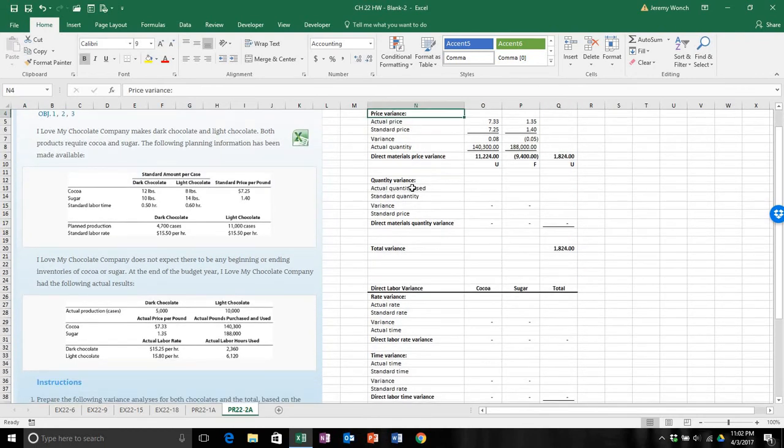And so for our quantity variance portion, we want to plug in the actual quantity used. And so we did that right here. And then get the standard quantity that we planned on using.